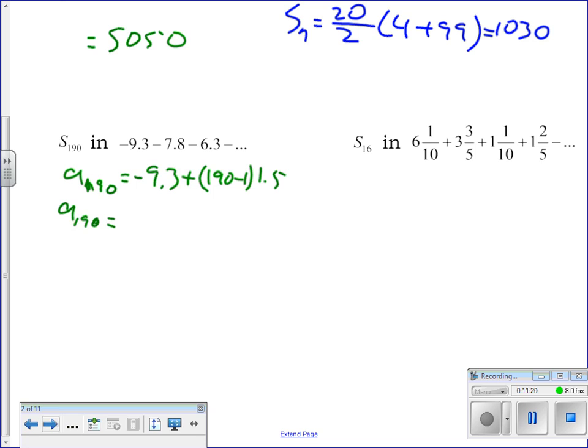Let's see. 189 times 1.5. Ooh, got to turn it on first.